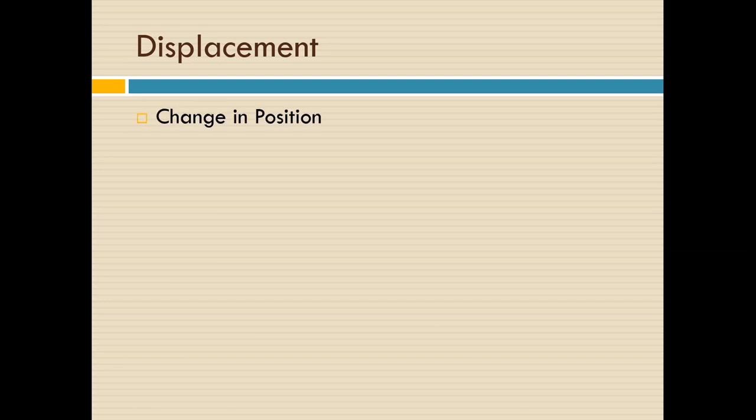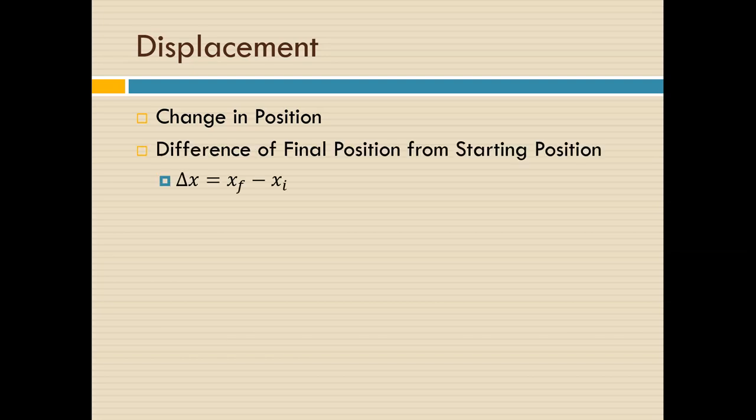Displacement is the change in position. Displacement is, I started in Marion, I ended up in Tuscaloosa. How far did I travel? I don't care about the path. All I care about is where did I start and where did I end up. You could think of it as the crow flies. Does that make sense?